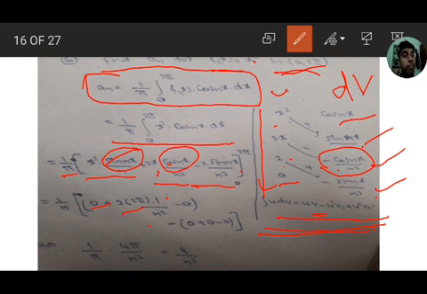And sin 2n pi value is 0, therefore it is 0. Next, if you substitute 0, first term is 0, second x into cos 0 is 1, but 0 into 1 is 0, third term sin 0 value is 0, total 0. Then 1 by pi into 2 into 2, 4 pi by n square, pi cancel, we get 4 by n square is the answer.